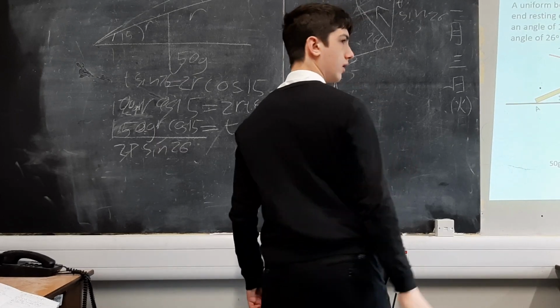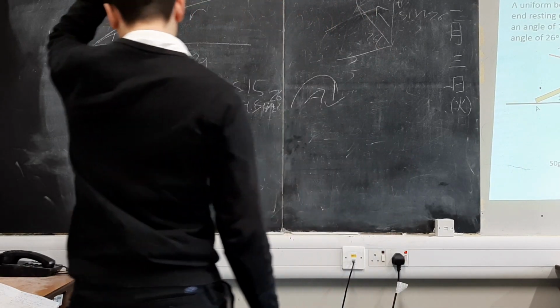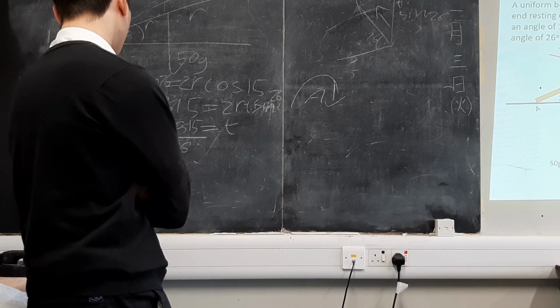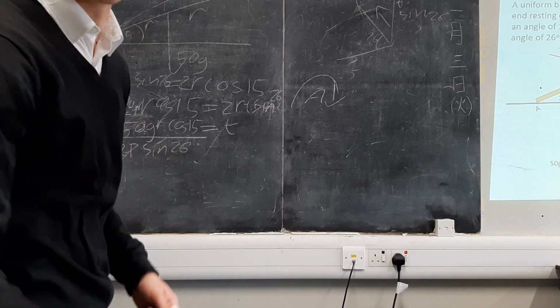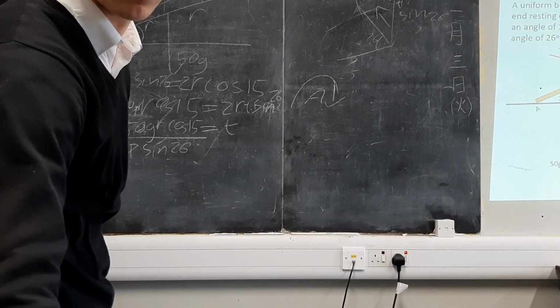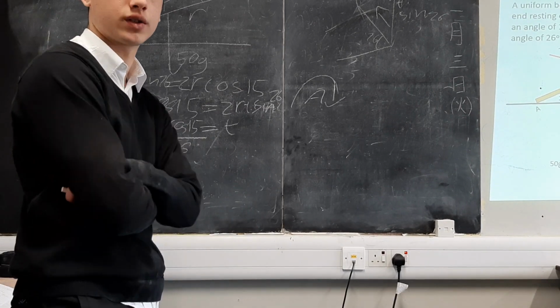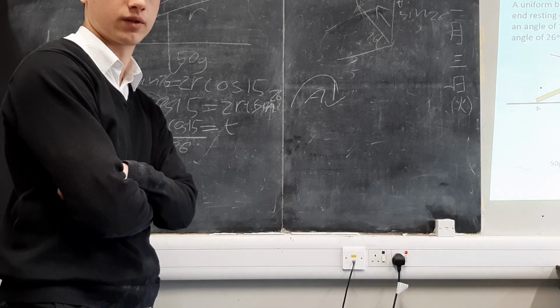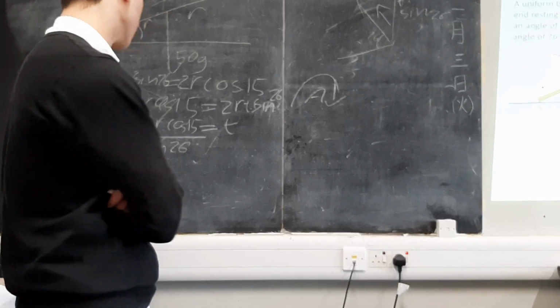What did you want to put in the calculator? 50G cos 15 divided by sine 26, I think. Can you say that again? So, 50G cos 15 divided by sine 26 times 2.